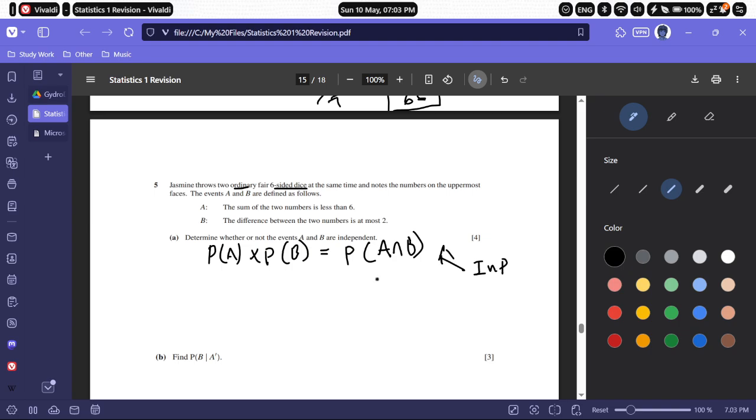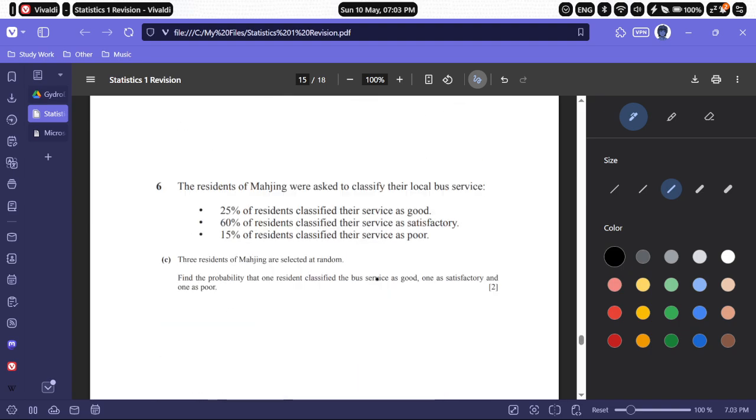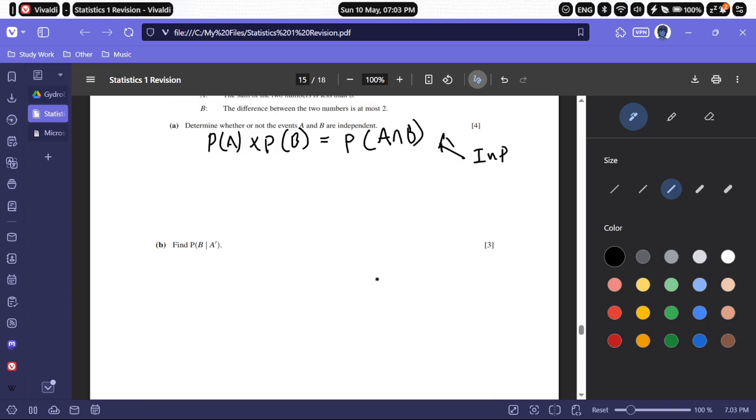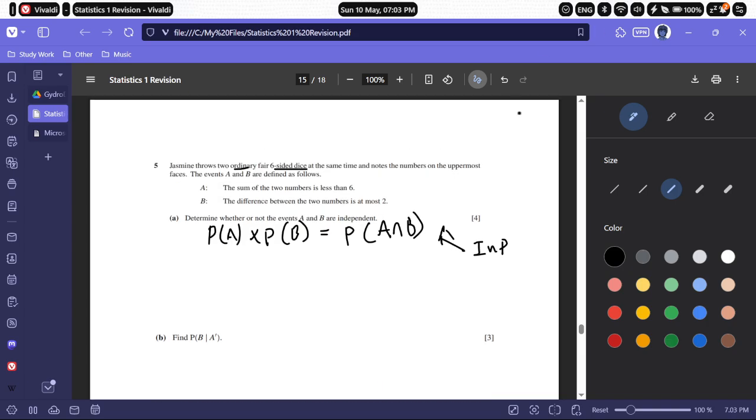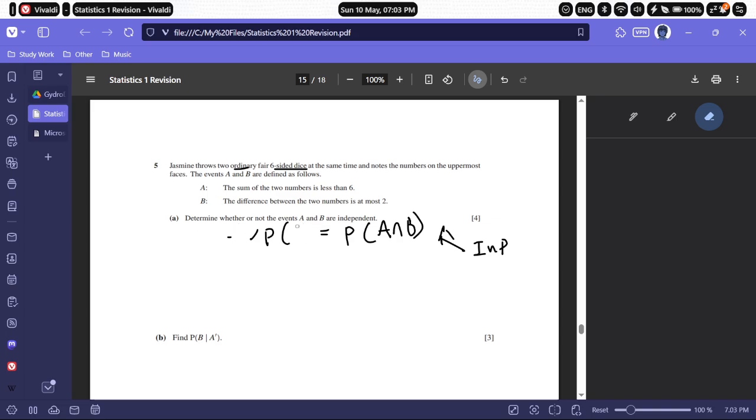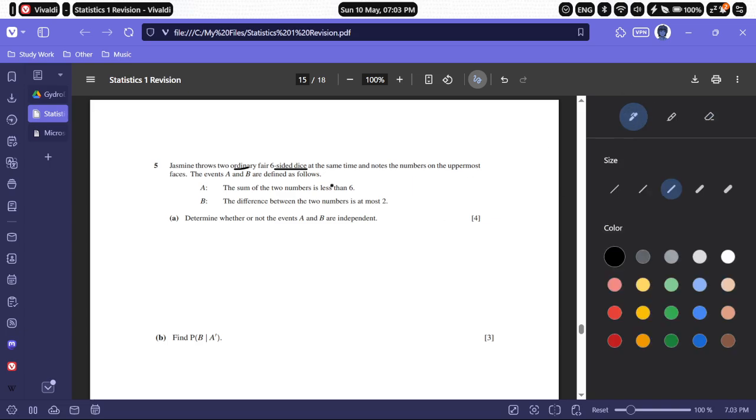Usually for these questions, you start by listing out all the possible cases using these two dice. For making the sample space, here's what I usually do.